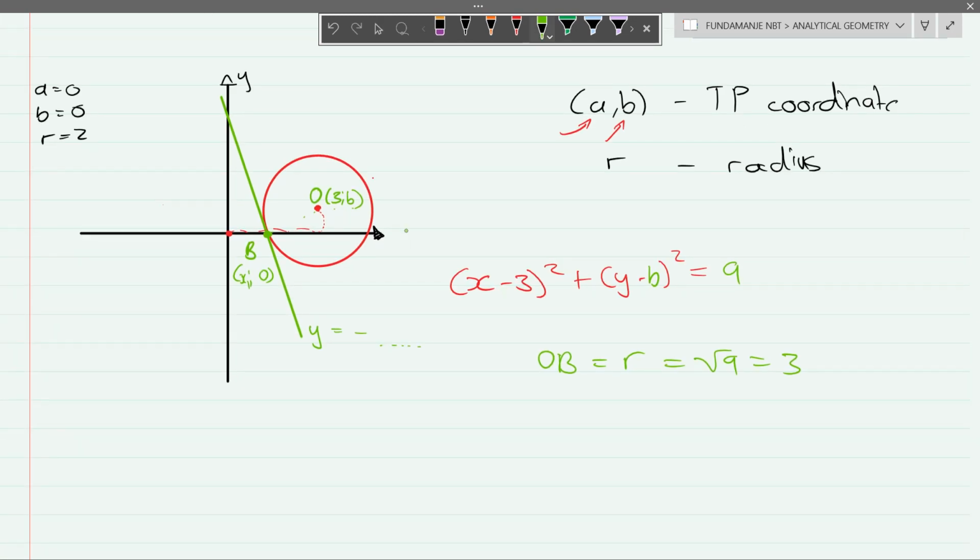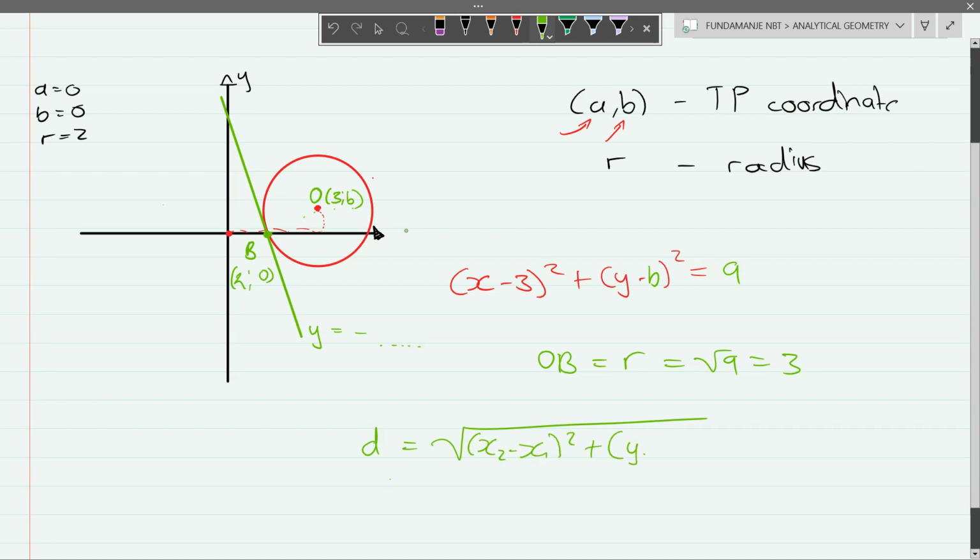So your equation would look something like this: 3 is equal to, let's say x1 is 2, because the formula for distance is d equals the square root of (x2 − x1)² + (y2 − y1)².